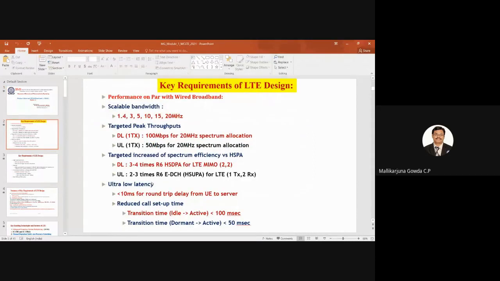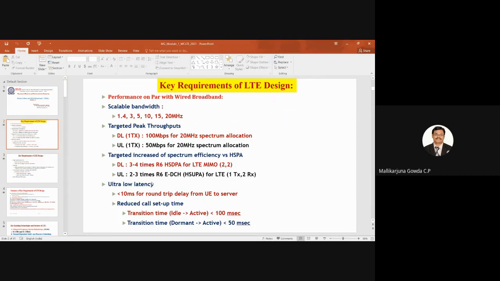So I started with the key requirements of LTE design. I said the first thing is its performance should be on par with wide broadband. To achieve that, there are two network performance parameters: one is high throughput and another is ultra low latency.